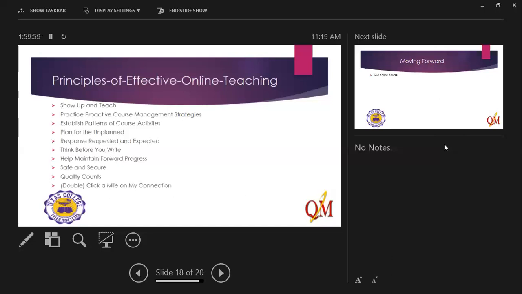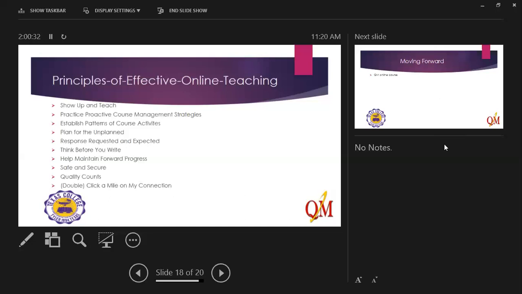Safe and secure environment. Some of the resources we use, as I mentioned in the plan for the unplanned, could be out of our learning management system. Because those resources are not within our learning management system, our IT department does not have control over them.